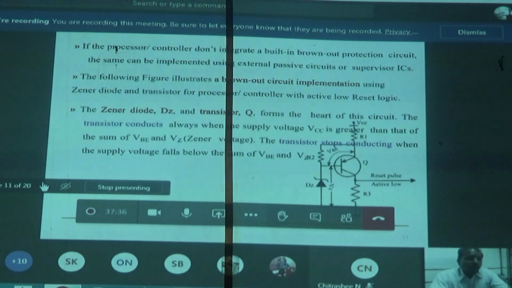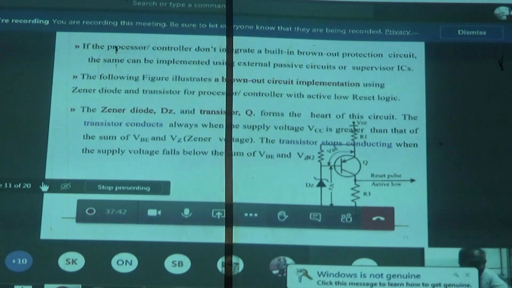Now the circuit components used here are the resistors, the transistor, and the Zener diode. The Zener diode, DZ, and the transistor, called Q, form the heart of this circuit.